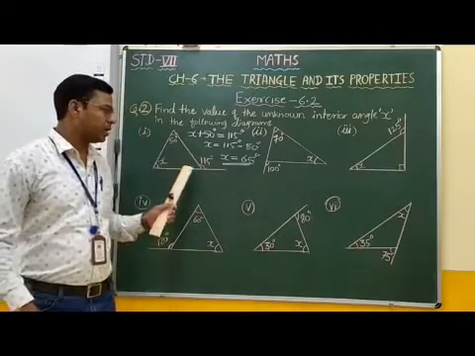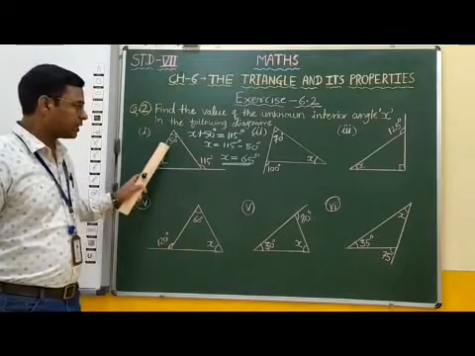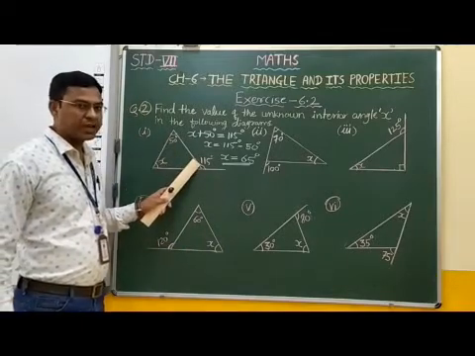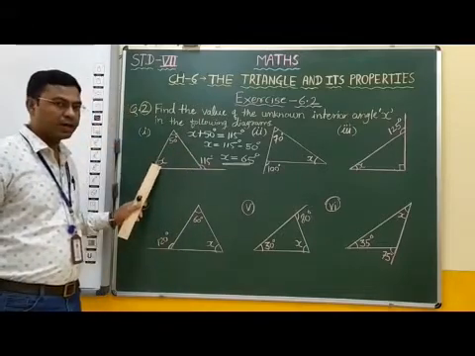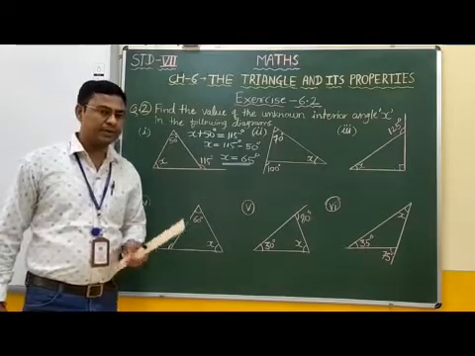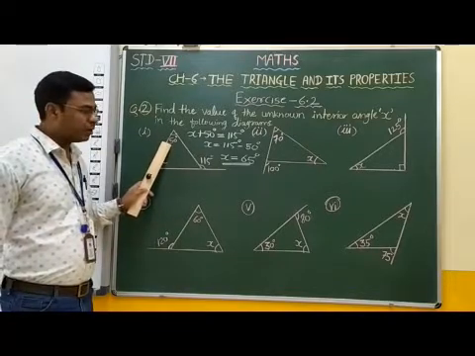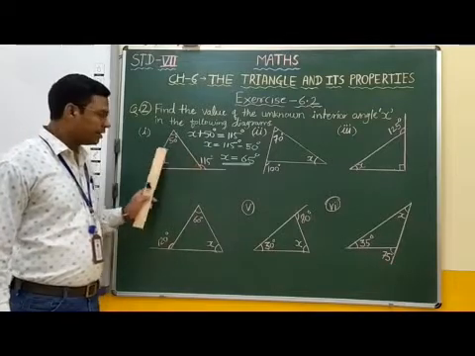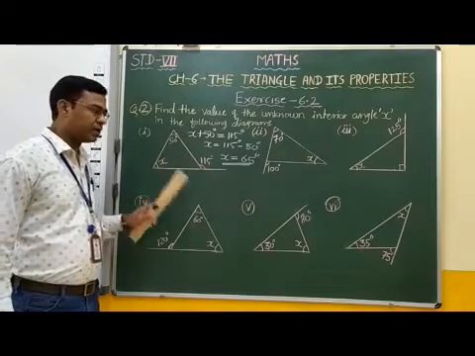Students, here we can use a short method also. That is, subtract this interior opposite angle from the exterior angle. Then we will get the measure of the other interior opposite angle. I repeat, if you subtract this interior opposite angle from the exterior angle, then we will get the measure of the second interior opposite angle.